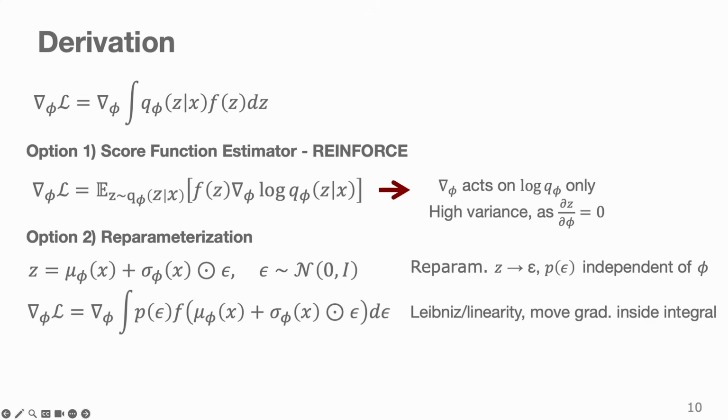So we can move freely the gradient inside the integral again, similar to last week, because it's a linear operation and using a Leibniz rule. And once it's inside, we can convert this back into an expectation over epsilon. So which in practice means that we can now sample one epsilon, compute the gradient, and that's it. We're done.